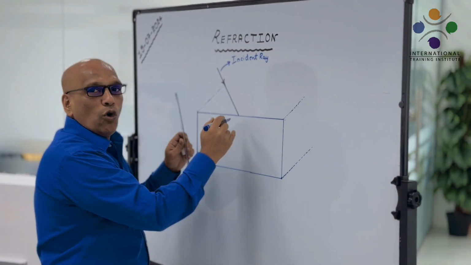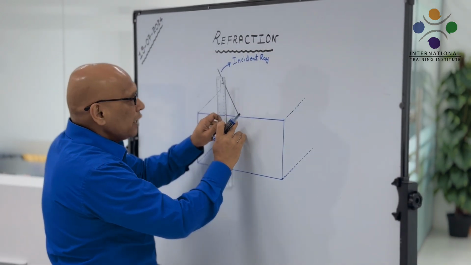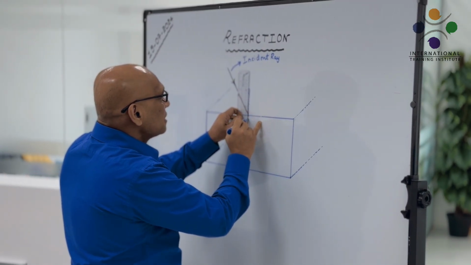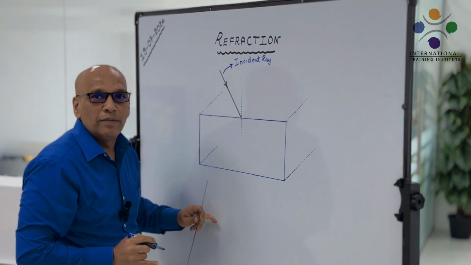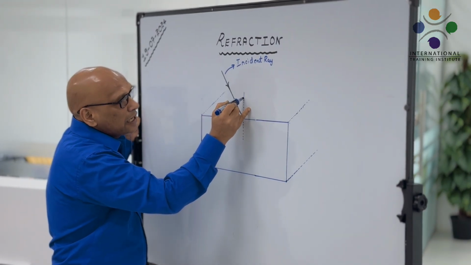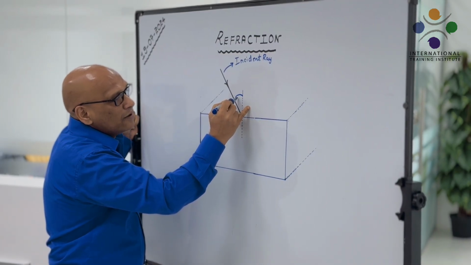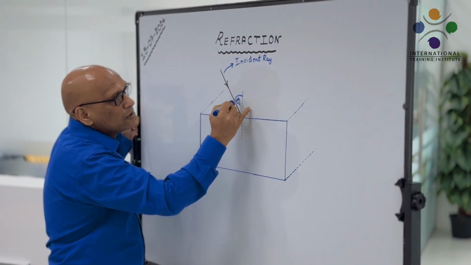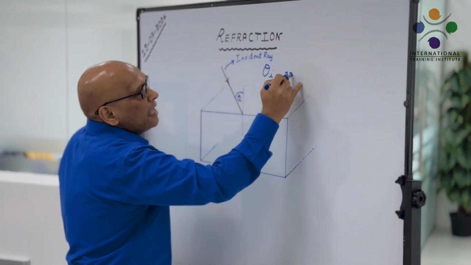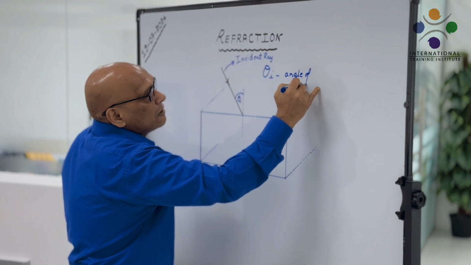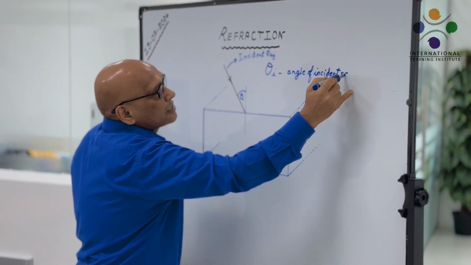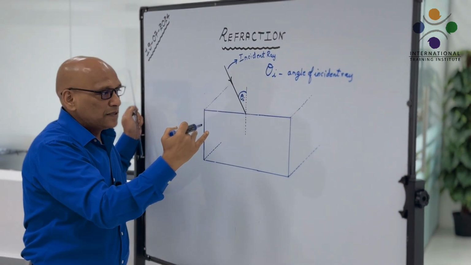Exactly at the point of striking, I draw a perpendicular, which is referred to as the line of normal. From this line of normal, I can take the angle of incidence, which is theta I. So theta I is the angle of incidence, the angle of the incident ray that strikes the glass surface.